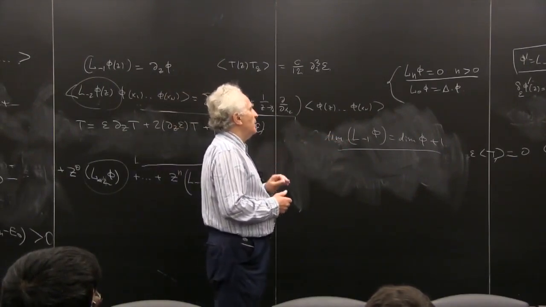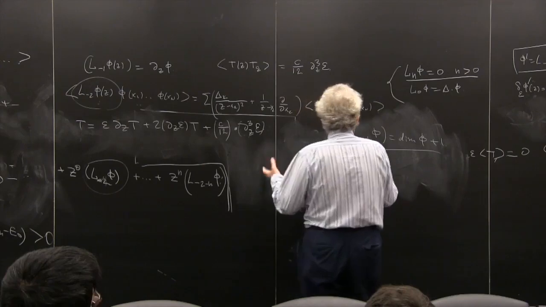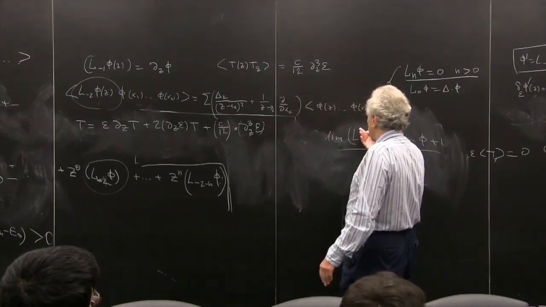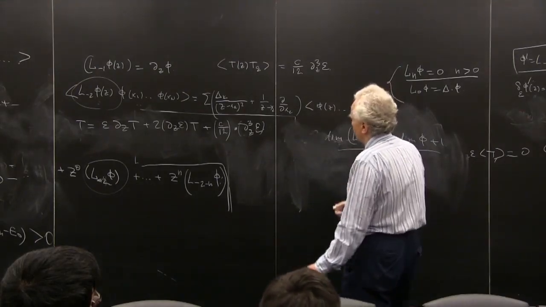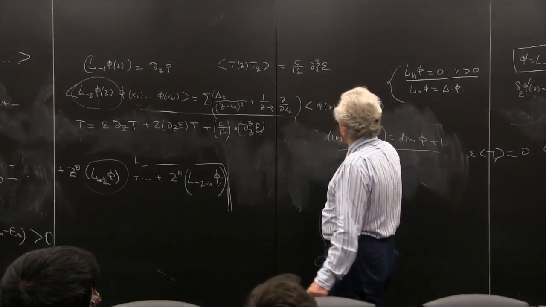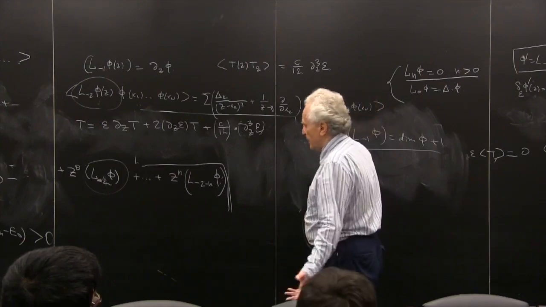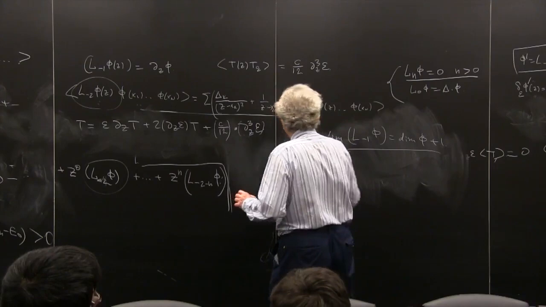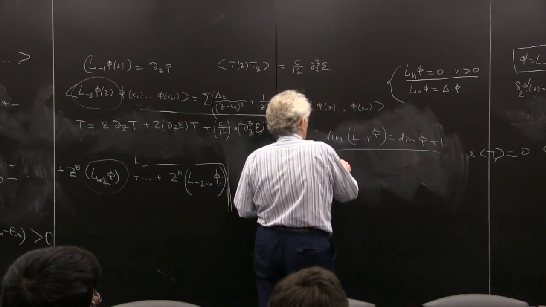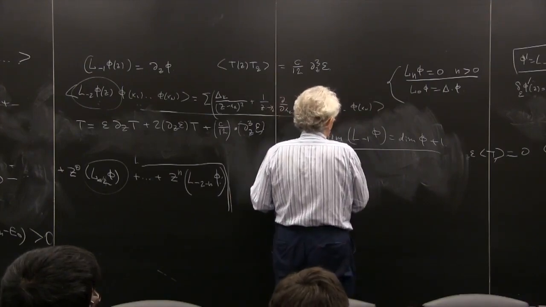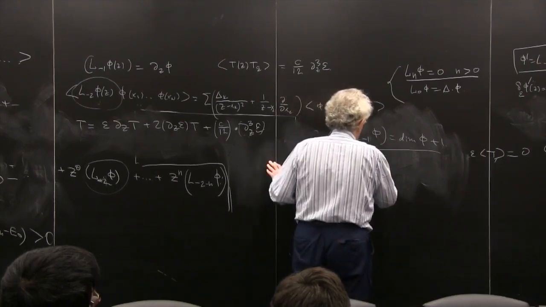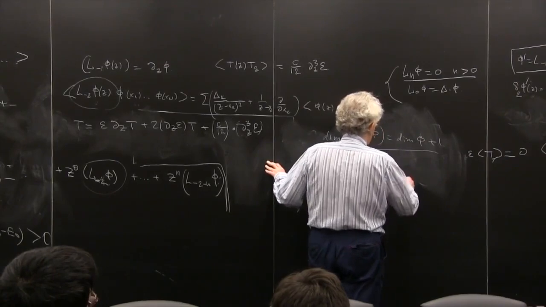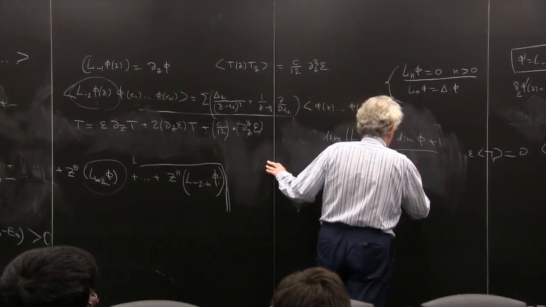Now, what I'm asking you is that all descendants have the form of a sum of these guys applied to the primary operator. And I'm asking you about T of z. And what you said is that we have the Laurent expansion of T of z. We have some operators Ln.